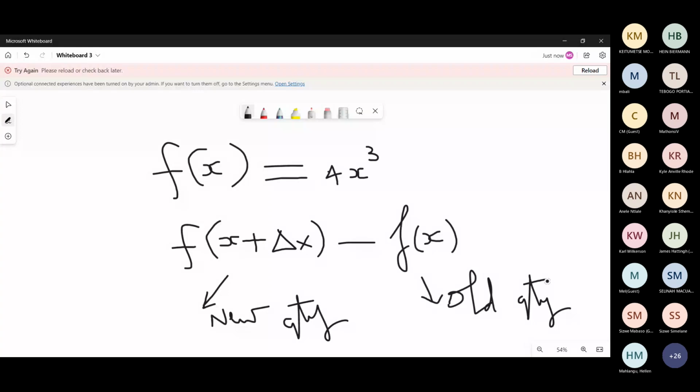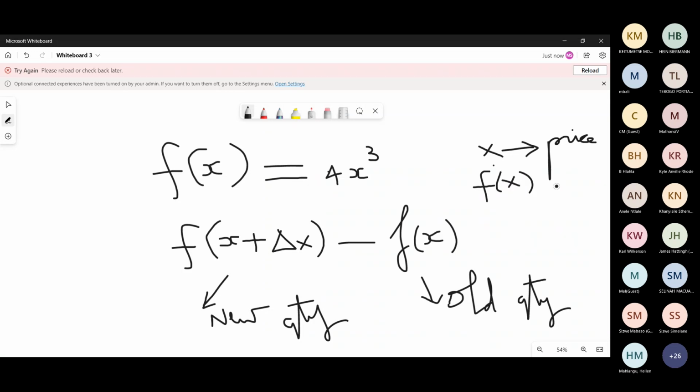So we have the function f of x equals 4x power 3. Here I take x as the price, just as an example. x here is the price, and this f here is the quantity.